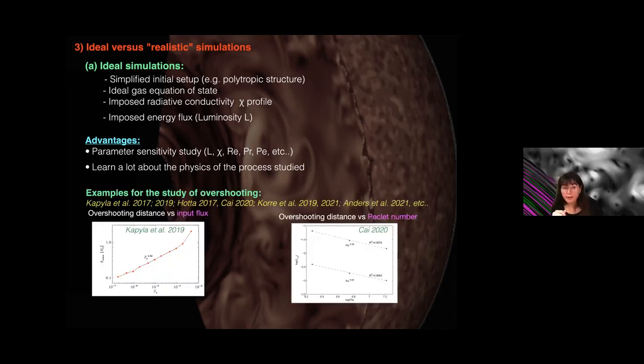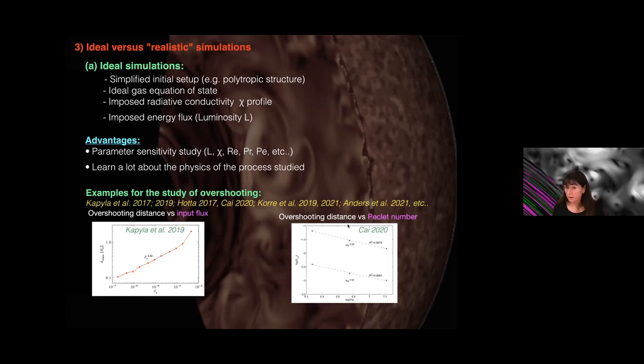And for an example of this type of study for overshooting mixing, you can look, for example, at Käpylä et al. 2019, the overshooting distance as a function of the input flux. Or you can study the overshooting distance, as in Hotta, for upward overshooting above a convective core.